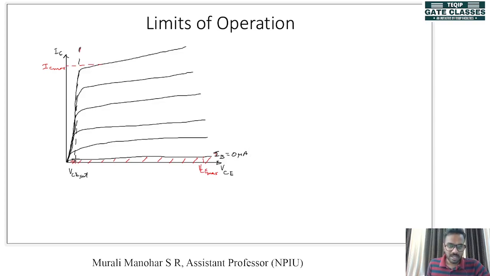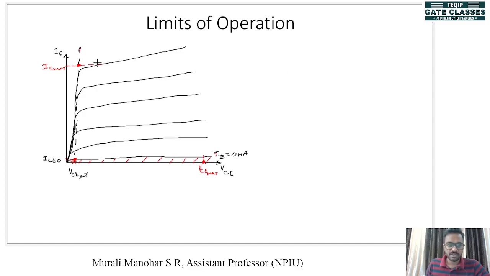So when IB is equal to 0 microampere, there is a collector current, that is ICEO. So the minimum collector current for the transistor to be operated in the active region is ICEO. If we keep that in mind, there is a minimum voltage and minimum current corresponding to this point. There is a maximum current corresponding to this point, and a maximum voltage corresponding to this point.